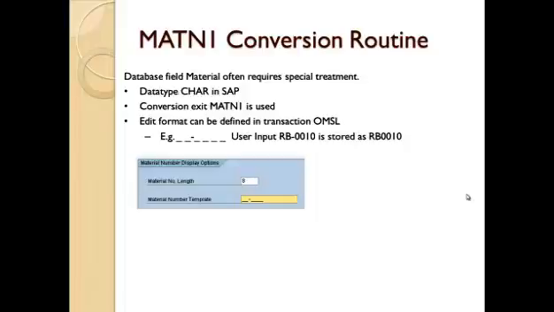And again, as you can see here, the data type is defined as char, and this routine can do a couple of things. One of them is that it allows an edit format to be defined so that user can easily input a material number by following a familiar format that they have been using in the real world.